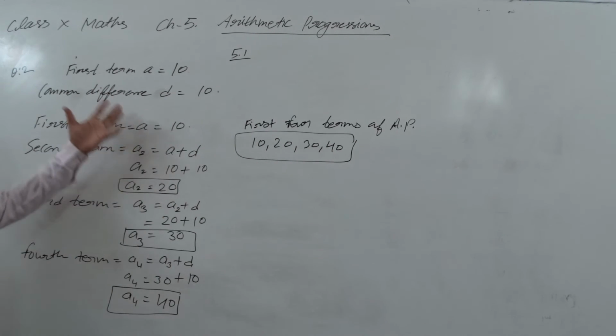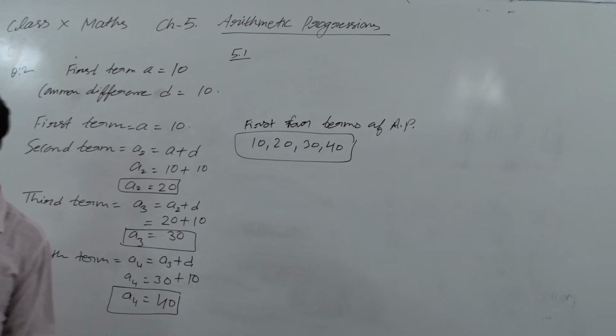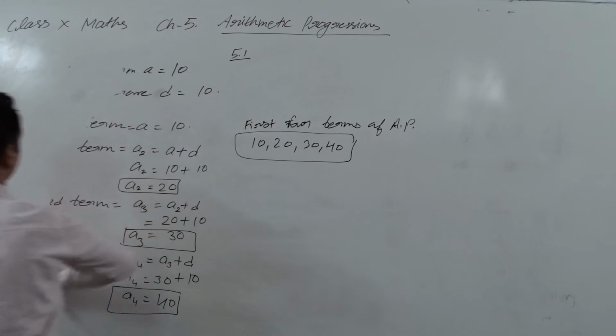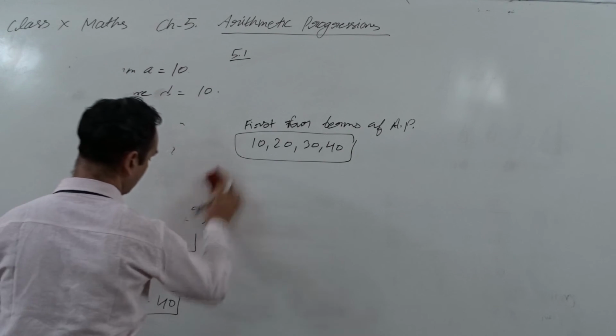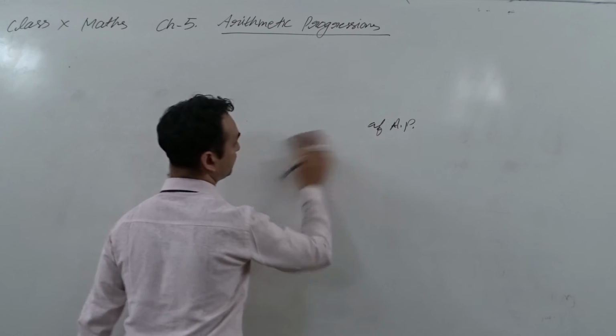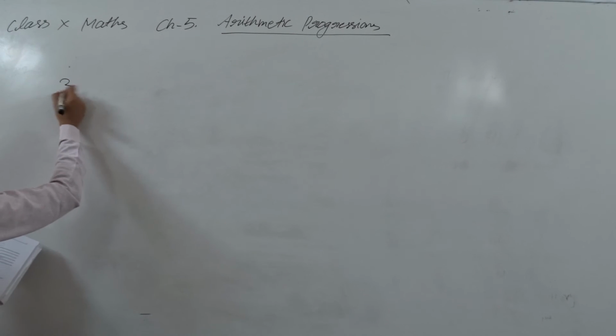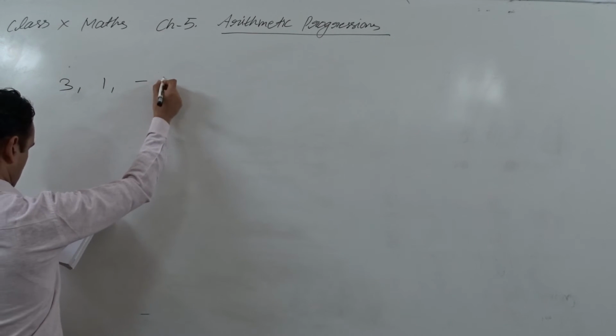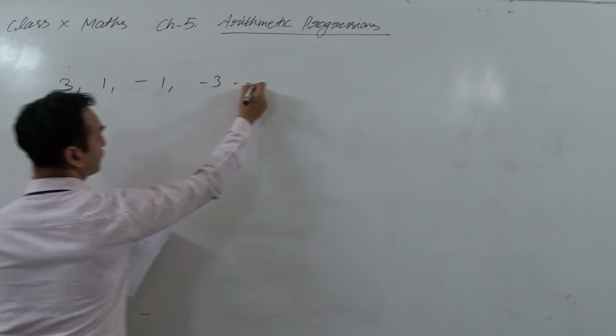This is just a basic question related to AP. Let's take one more question, where the AP is given and we have to find the first term and common difference. Let's take one more example. The AP is given as 3, 1, minus 1 and minus 3.